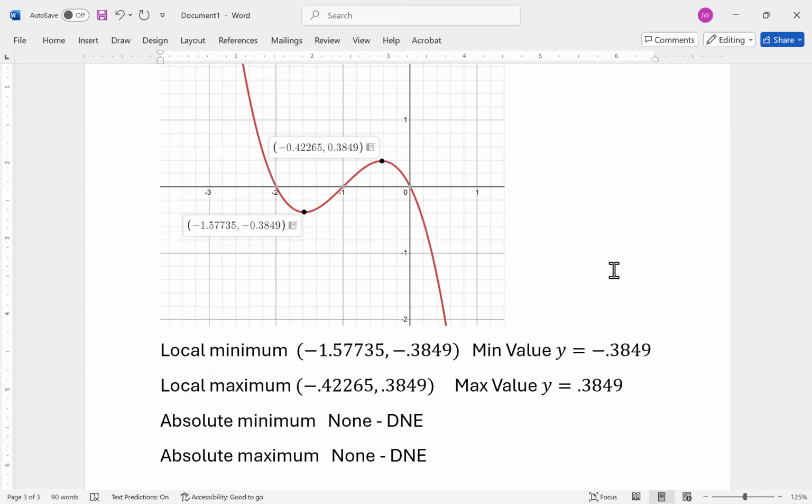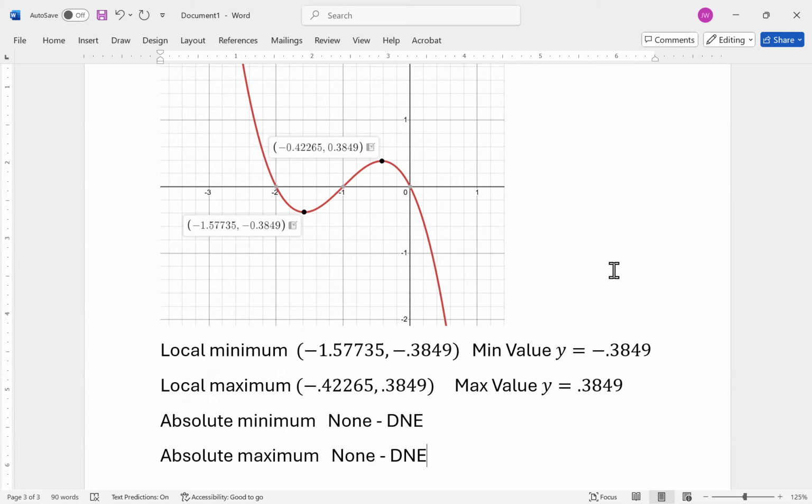Same thing with the minimum value, the maximum value, those do not exist. So in this case, we have a single local minimum, a single local maximum, and then no absolute minimum, no absolute maximum.